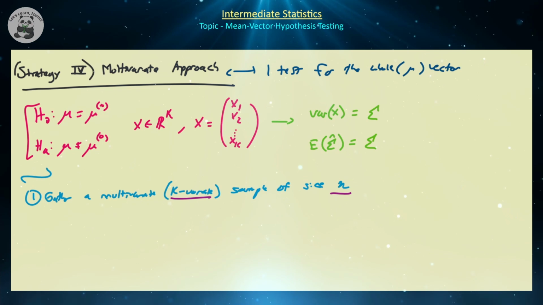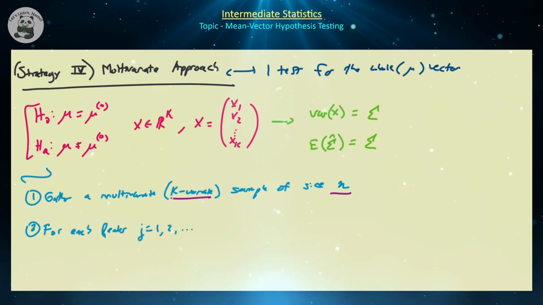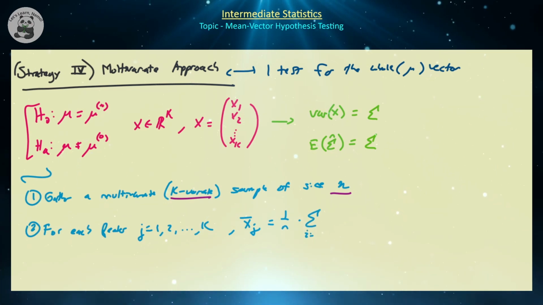So for each feature, j equal to 1, 2, down to k, we're going to have an average for each feature. In particular, the sum from i equal to 1 to n of x_ij. What is x_ij?